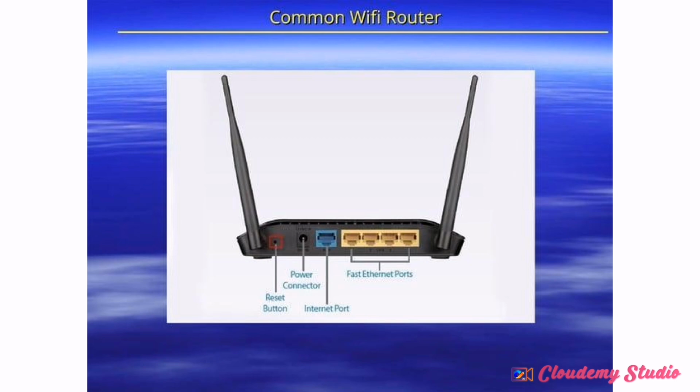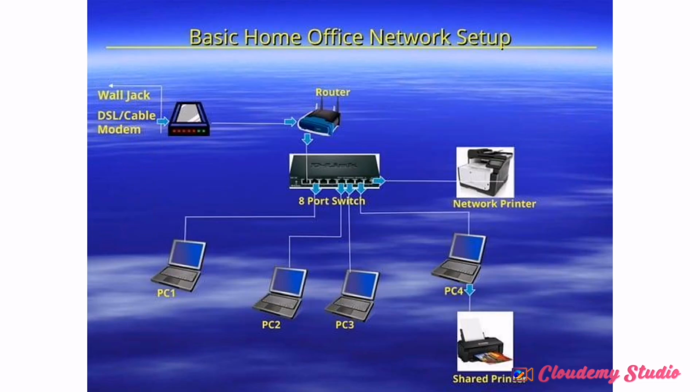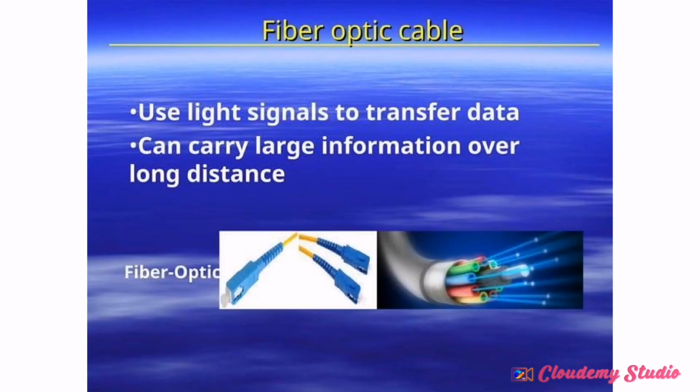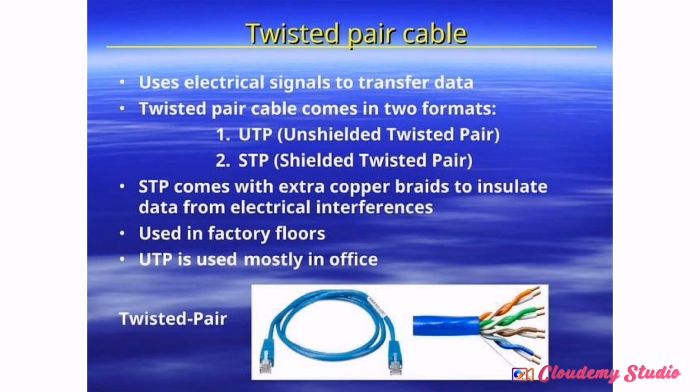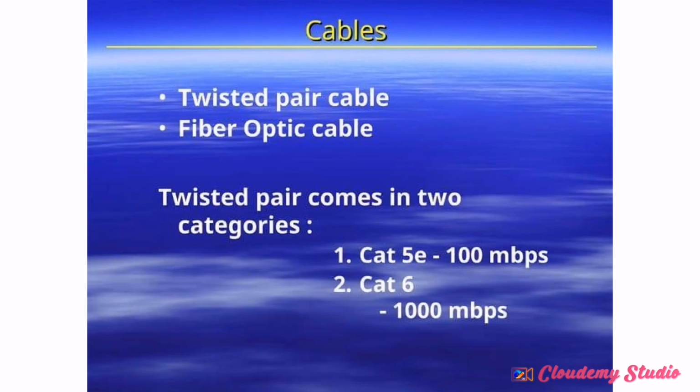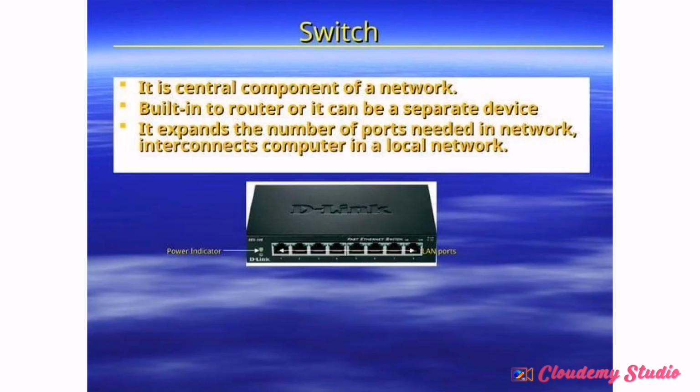So maybe just to remind one another, let me take you back to what we discussed in the previous topic. Okay, so all these we discussed. We talked about the switches. We defined what a switch is and how a switch works.